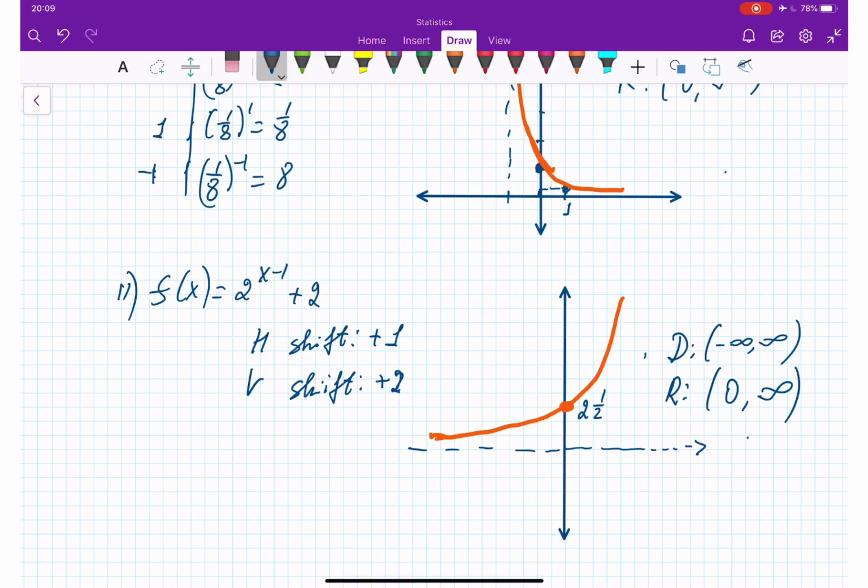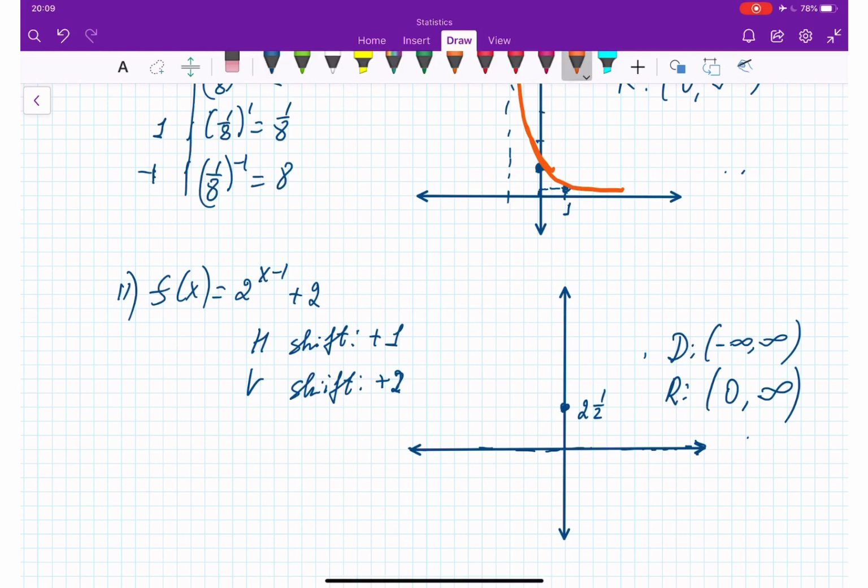Yeah, this is going to be your x, that is true. But the graph is gonna go, let me help build the graph the proper way. This is 2.5.